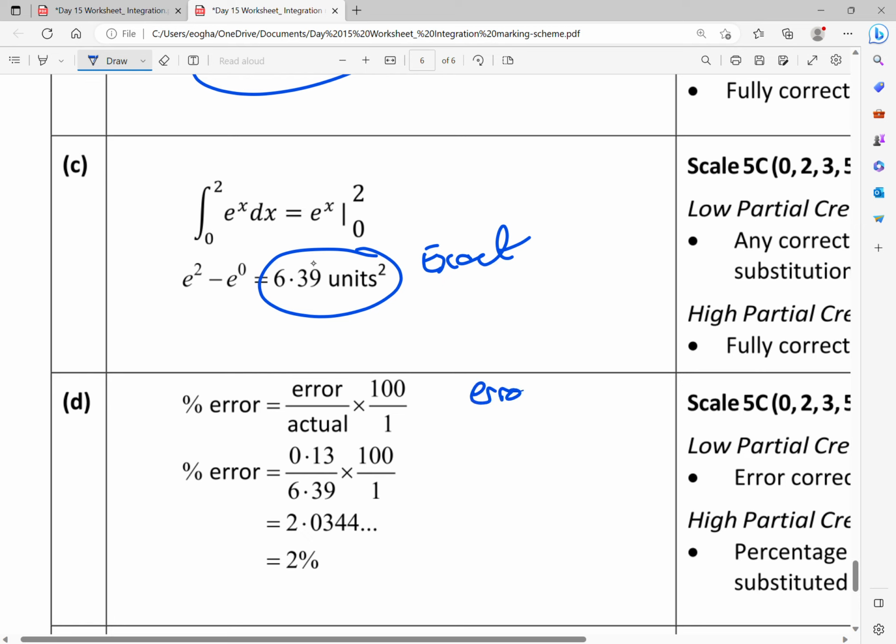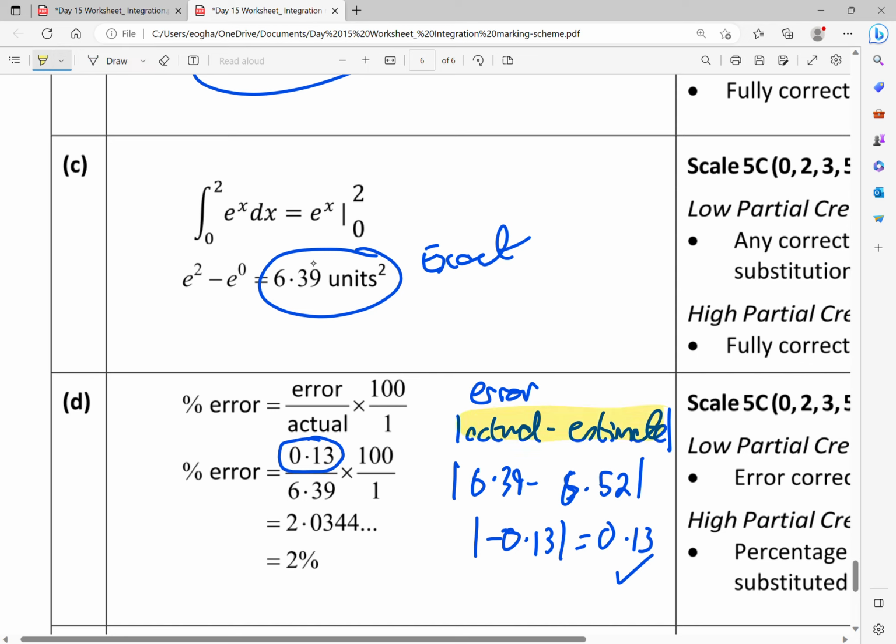You're then asked to calculate the percentage error, and I'll just show you how you do it. Percentage error is error over actual multiplied by 100 over 1, and the error is the modulus of the actual minus the estimate. And so in our case, it'd be 6.39 minus 6.52. So it'd be the modulus of minus 0.13, which is 0.13.